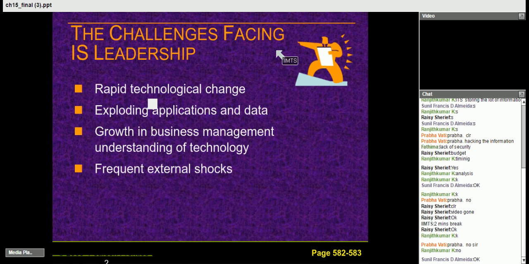Third, growth in business management understanding of technology. That means businesses are reviving, business processes are changing, customer handling strategies are changing. To manage all of that, your technology must be ready, and you should develop applications using technology which helps your business. That is also one of the challenges.